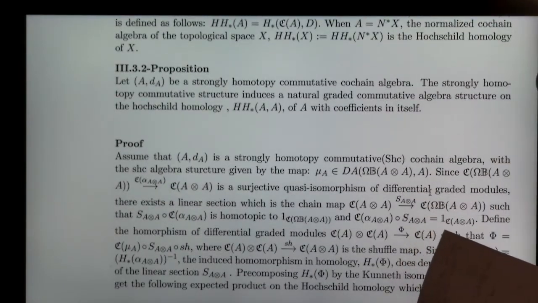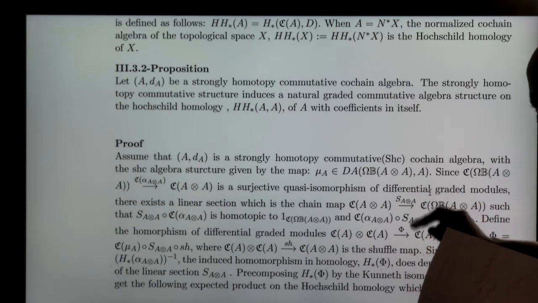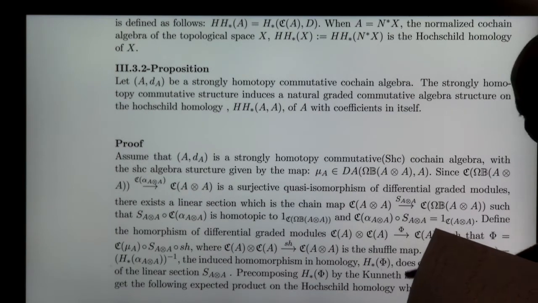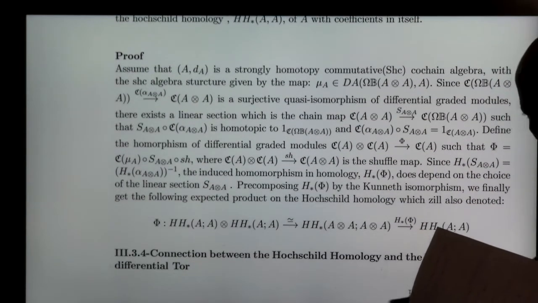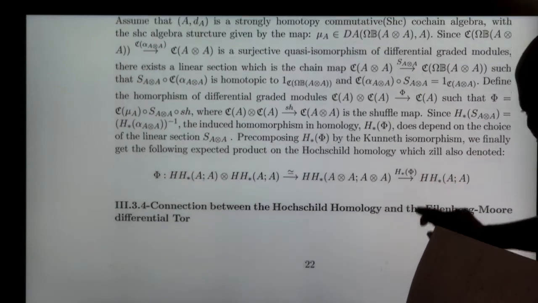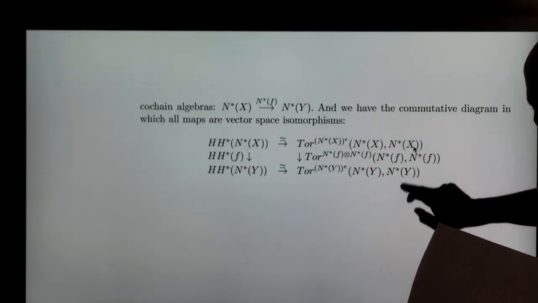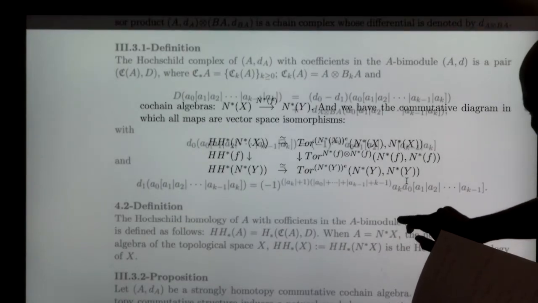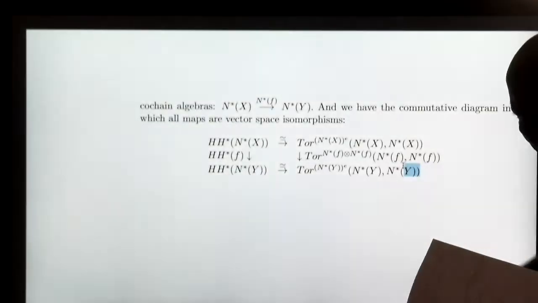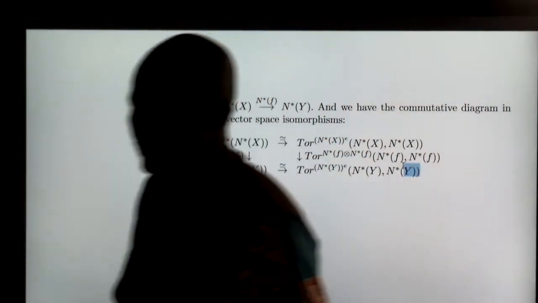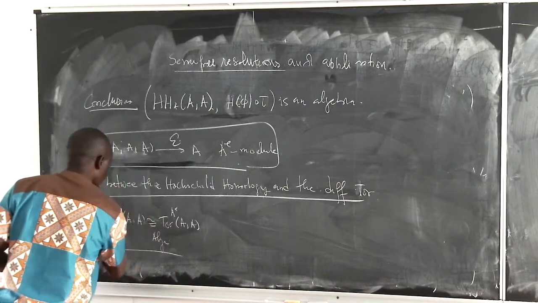This is the proof of the fact that the Hochschild homology is an algebra. The proof is here. Now we have the connection with the Alan-Bay motor here. So the relation between the two is here.